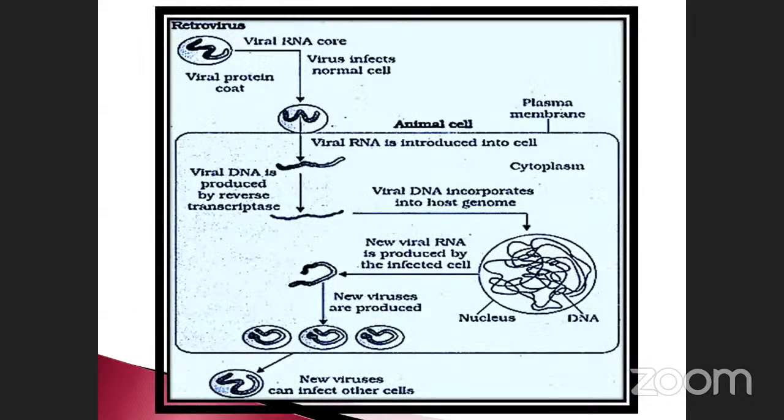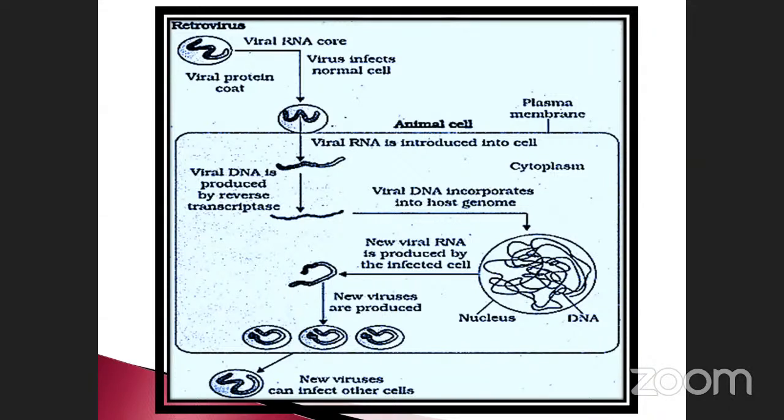See, this structure is already given in your book also. The retrovirus has the viral RNA core. The virus infects a normal cell. When it binds, the nucleic acid is transferred inside the host cell and incorporated into the host cell.